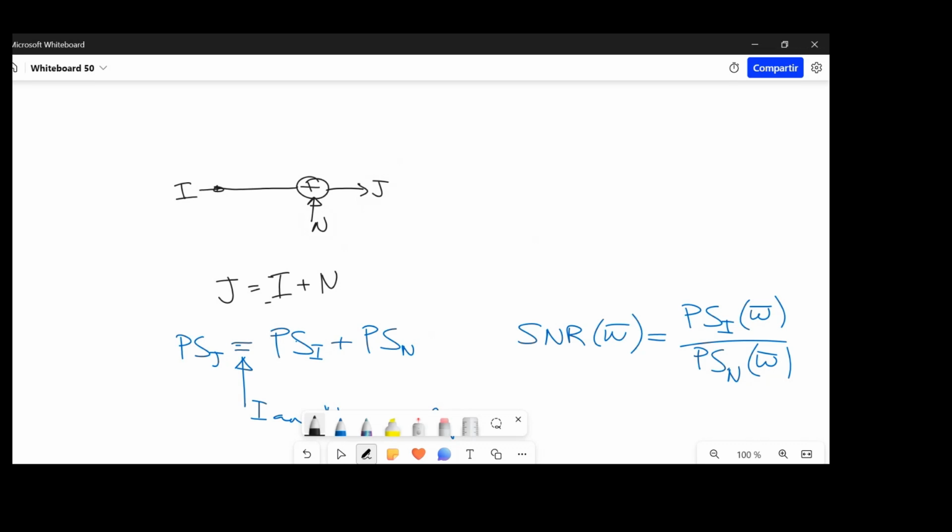In the new one, you have J and so on. So we will have I goes through my filter, then noise.